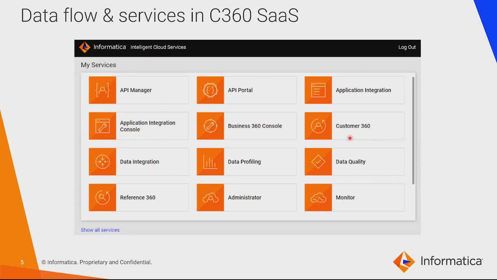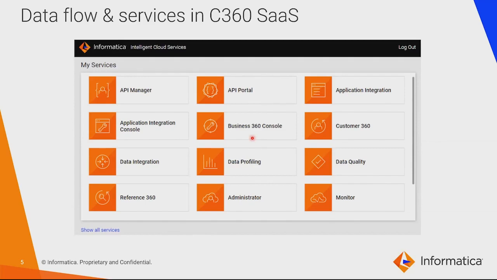So if you're from the on-prem world where you have seen MDM in on-prem software, your Business 360 console is the equivalent of your hub console in the on-prem world.